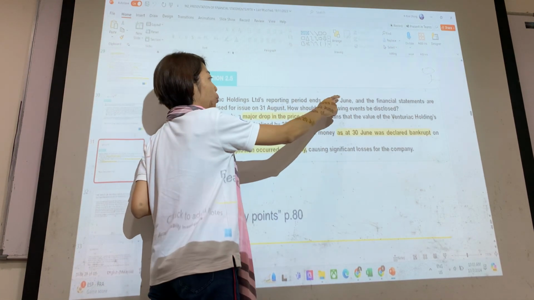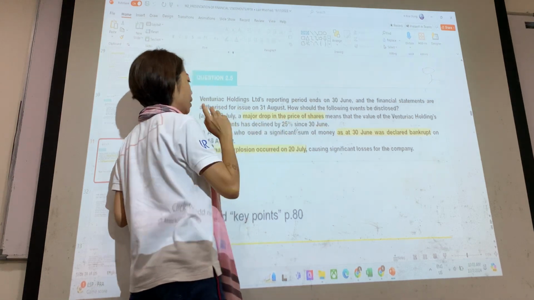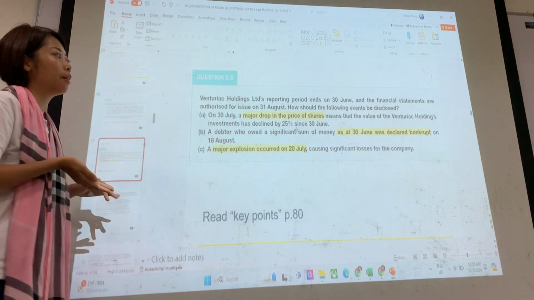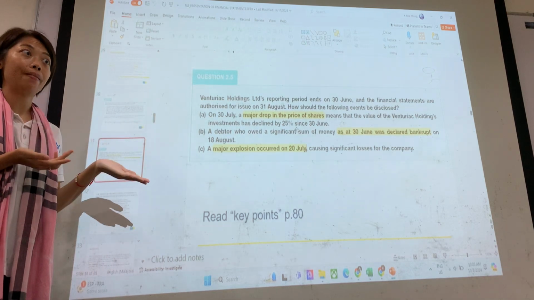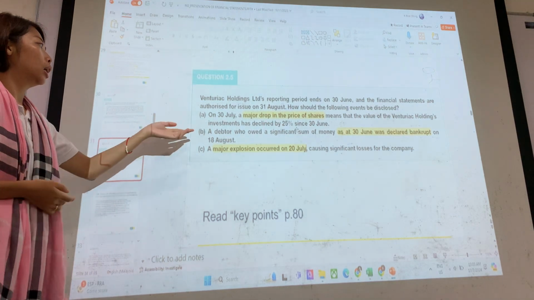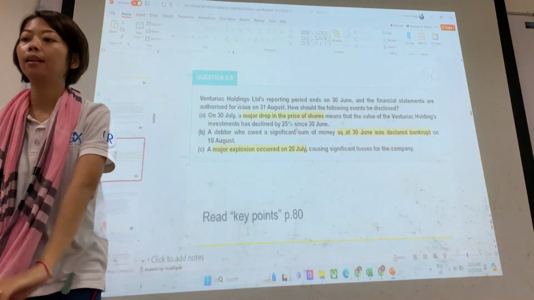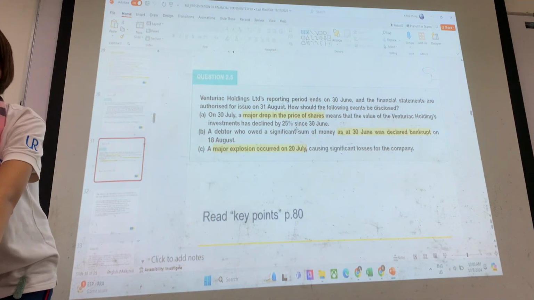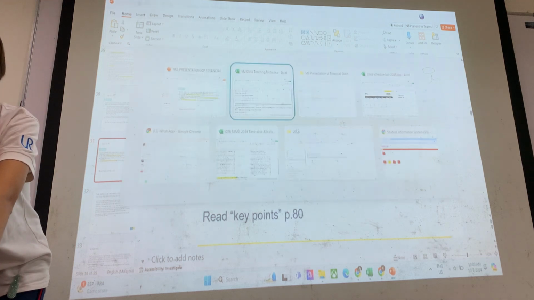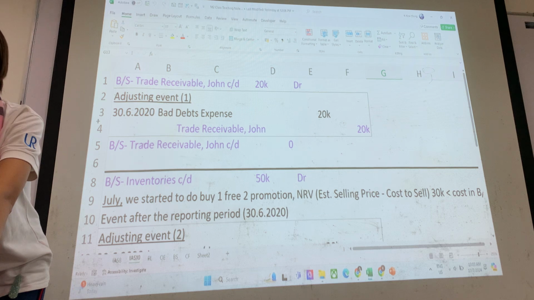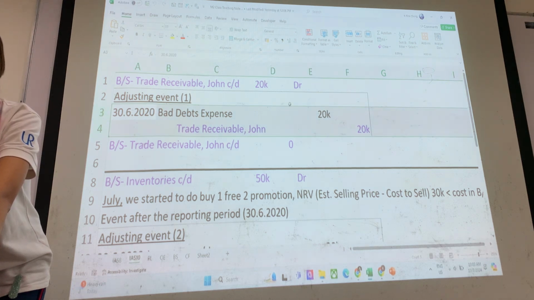Whether it is within this timeline. Answer is yes. So we go to the second step, whether this is an adjusting or non-adjusting event. Answer is adjusting event, because the debtor owed us money at the end of the year. So if this is an adjusting event, you have to adjust it on 30th of June. So what you will do is debit bad debt expense, credit trade receivable.